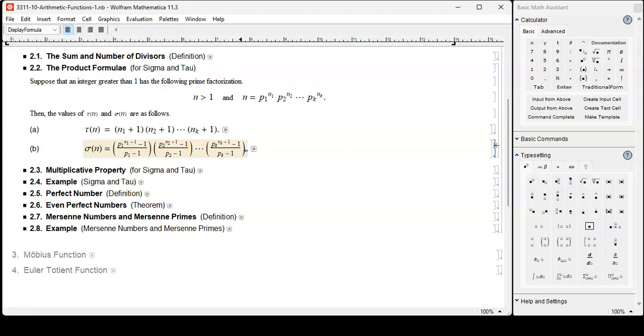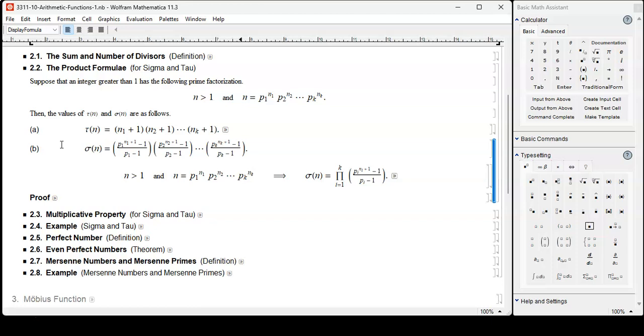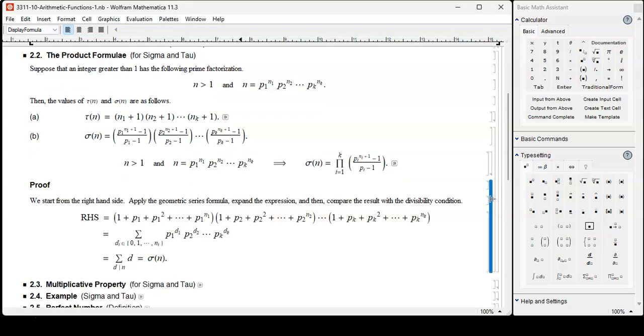Series itself is plural, so many geometric series formulae basically. And the proof is based upon that too. The first one here is the first geometric series formula, so the first geometric series sum, and the second geometric series corresponds to the second factor, and the kth, like that.